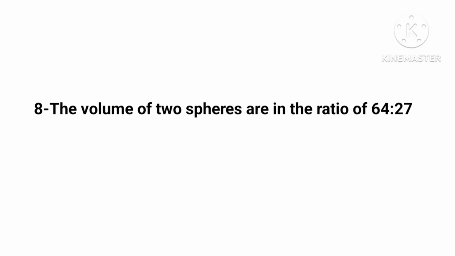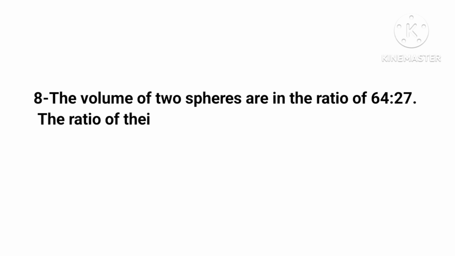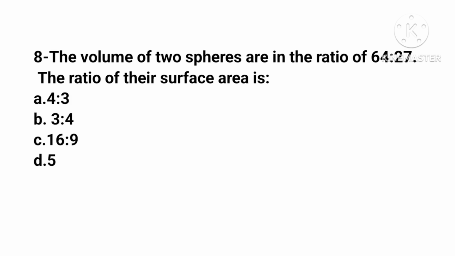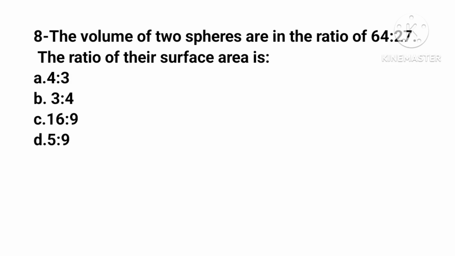The volumes of two spheres are in the ratio 64:27. The ratio of their surface areas is: A 4:3, B 3:4, C 16:9, D 5:9.